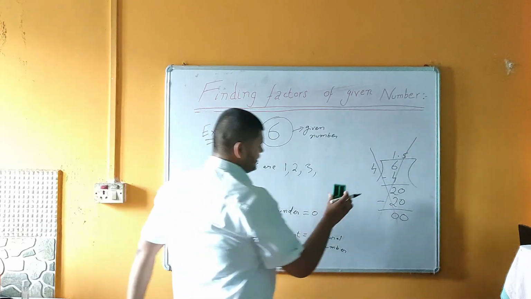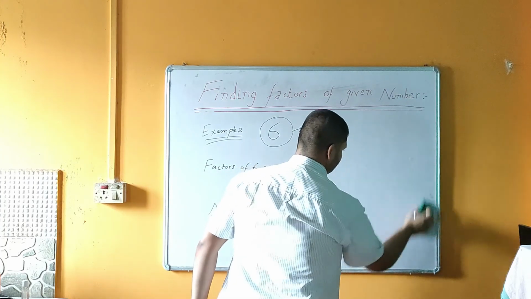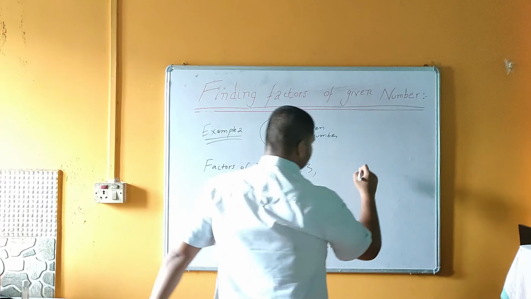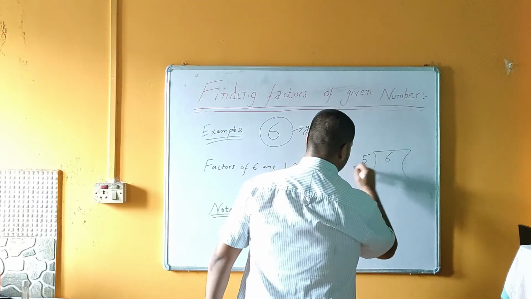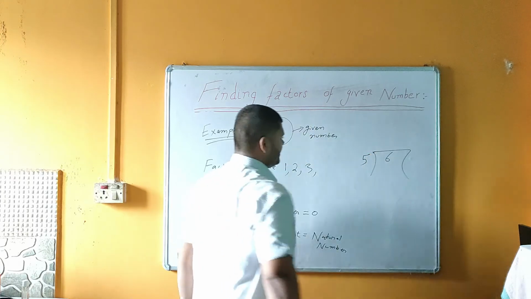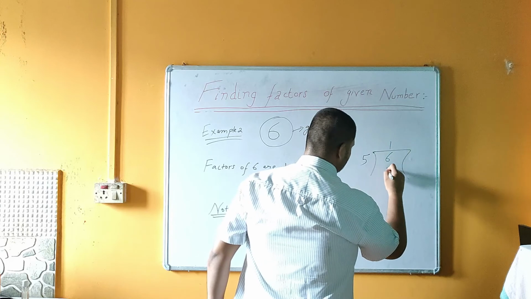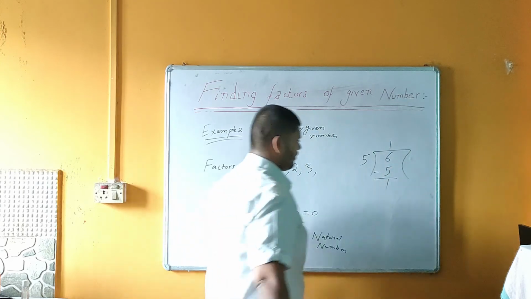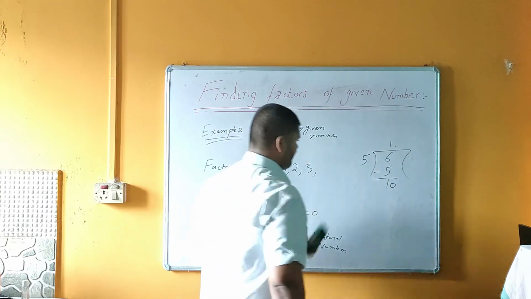Now we will move for 5. 6 divided by 5. 5 1s are 5. The remainder is 1. Now you might say, I will bring the decimal point and put 0. 5 2s are 10.